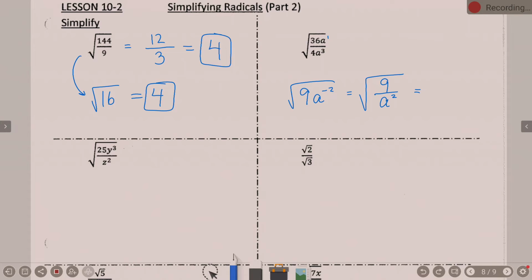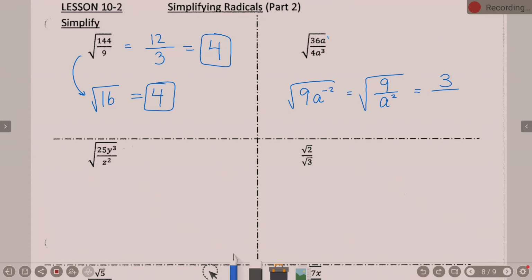Can you take the square root of 9? Yeah, it's 3. Square root of 9 is 3. Can you take the square root of a to the second? We can do a to the first with the division. That'd be weird, so we just do a. How do we take the square root of an exponent?